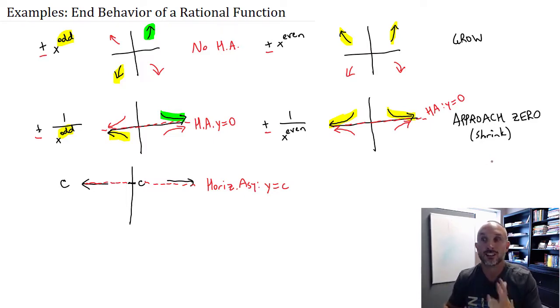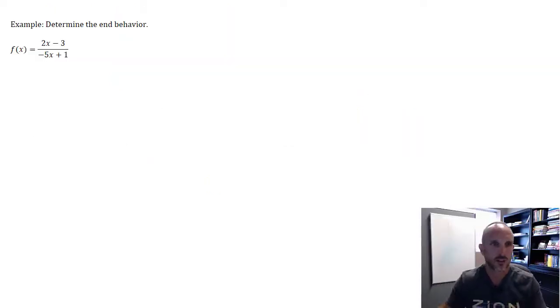Okay, let's do some examples where we find the end behaviors of rational functions. So here we have a ratio of two polynomials, 2x minus 3 over negative 5x plus 1. And so what we need to do is look at the leading term on the top and the bottom.